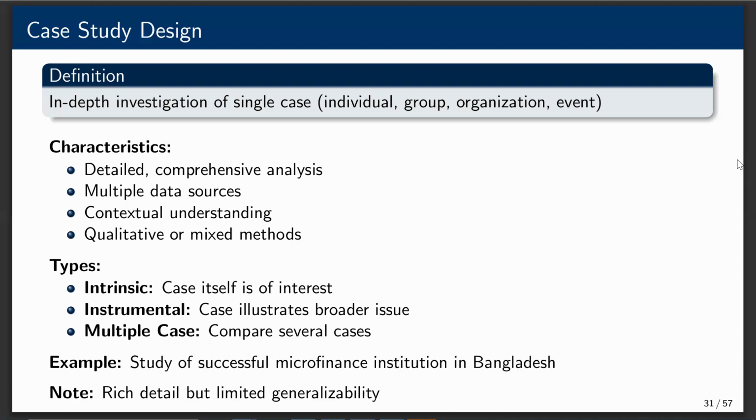The different types of case study design: it is intrinsic, the case itself is of interest. Instrumental, case illustrates a broader issue. Multiple case, compare several cases. Example: study of successful microfinance institutions in Bangladesh. So here what is important is rich detail but limited generalizability.